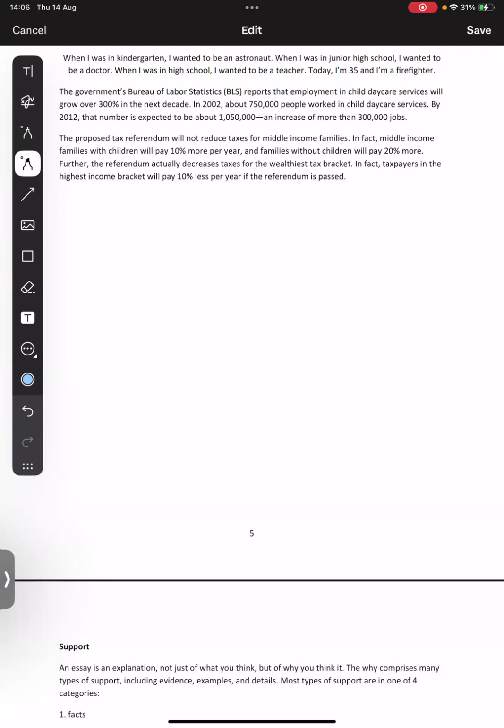So basically, in order to arrive at a topic sentence, you need to do some sort of reverse engineering. What should be the sentence that begins the paragraph that needs to be explained?